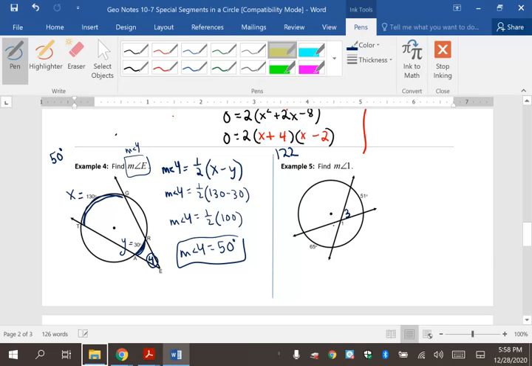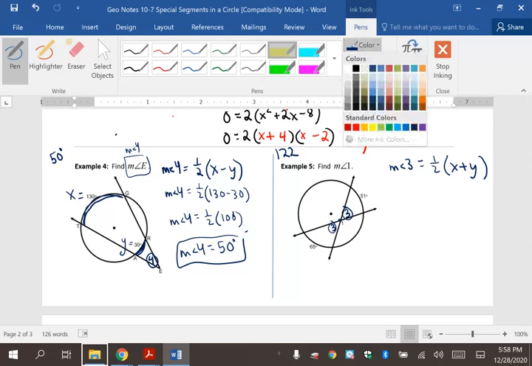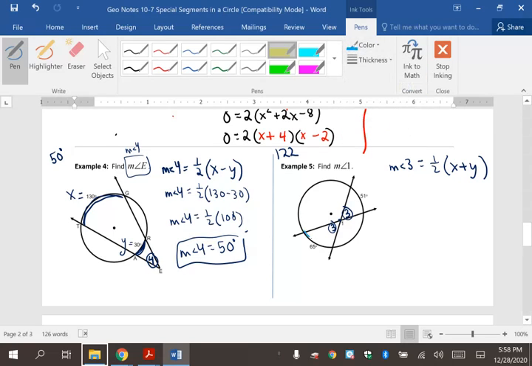Well, first of all, identify that the vertex of our angle 3 is inside the circle. Measure of angle 3 equals 1/2 times the quantity x plus y. You must label your x and y. I like to label x as the arc that's bigger than the other one.